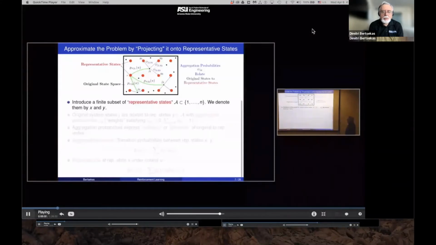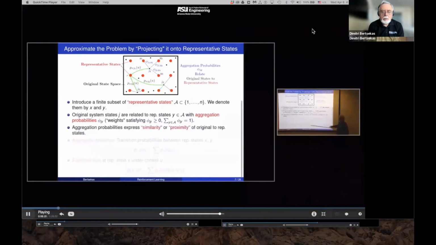And we're going to relate the original system states, like this J, to the aggregate states by means of some kind of similarity or proximity coefficient. These phis here add up to 1. They are probabilities. They are weights that connect the original system states to the representative states. They are non-negative, and they add up to 1, okay?